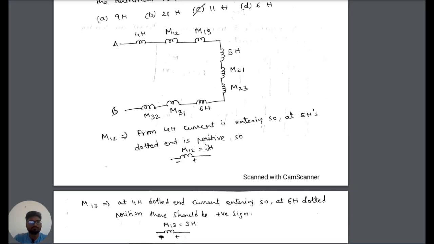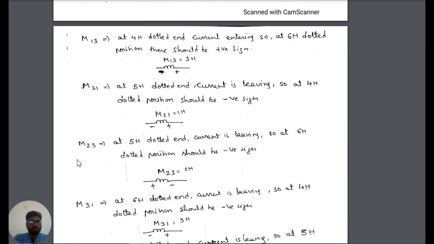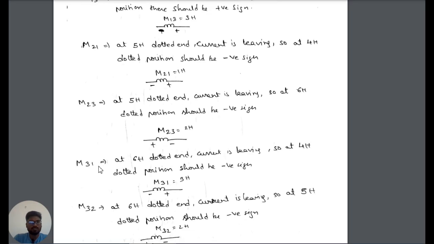As the current is leaving the dotted terminal, this dotting point will be negatively assigned. So starting is negative, next is positive, that is 1 Henry, M12. Similarly for M13, M21, M23, M31 and M32, and finally the inductor circuit is written like this. If you apply equivalent inductance, then the overall inductance value will be 11 Henry.